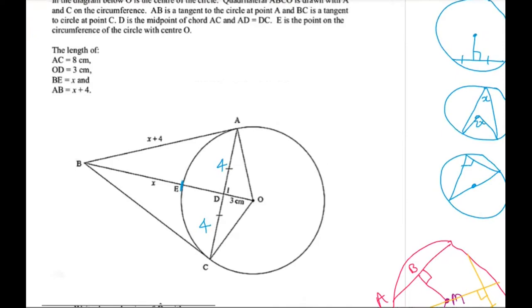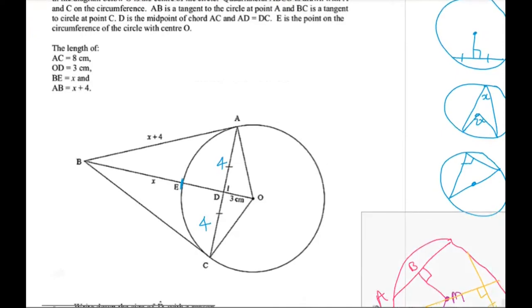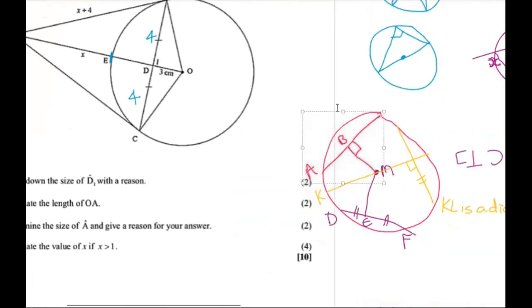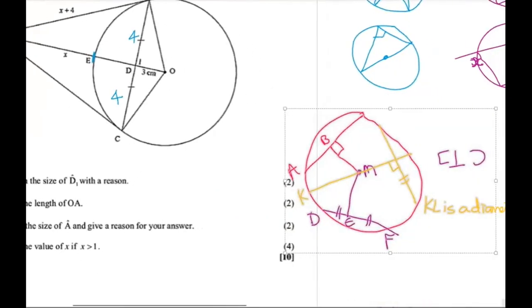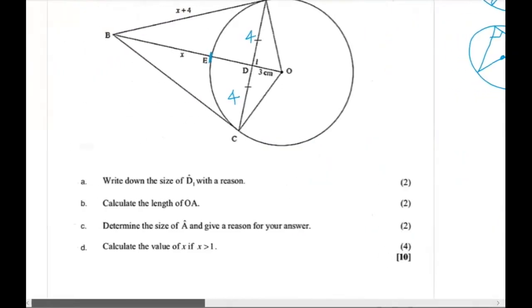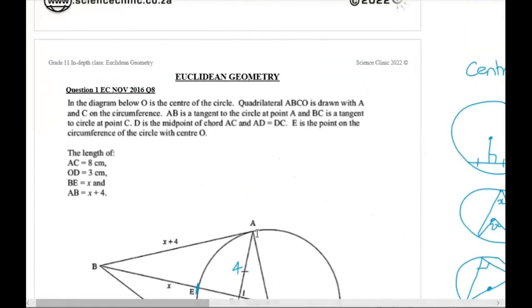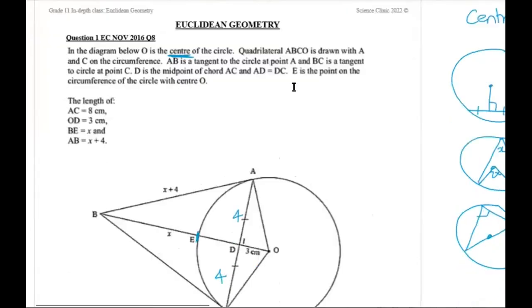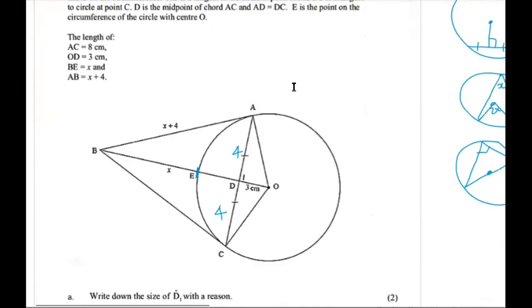So what else have they told us? Let's go through everything that they've told us and see if there's anything else. The diagram has a center. So if we look at our center, which theorems could we use? We do have a line going from the center to the midpoint, so that first theorem is a possibility.